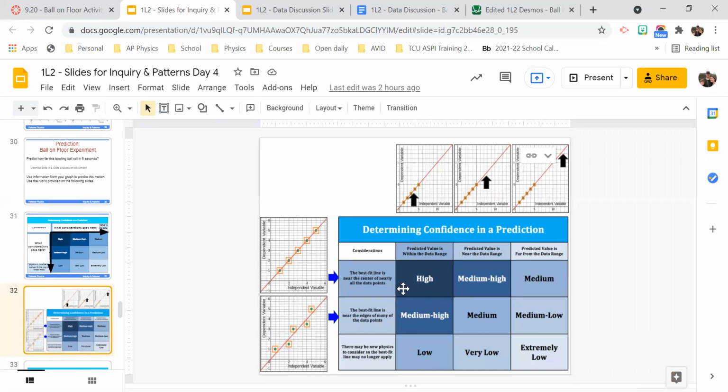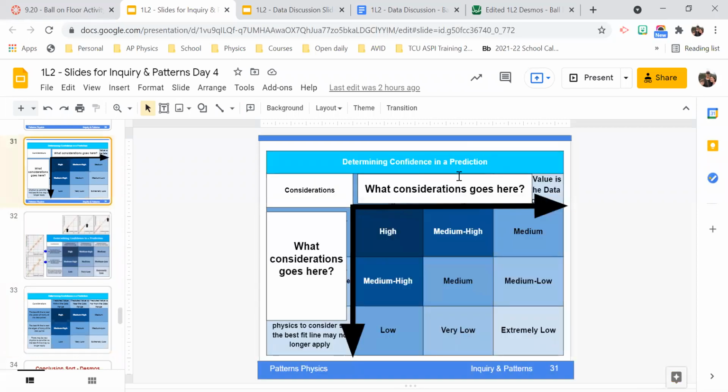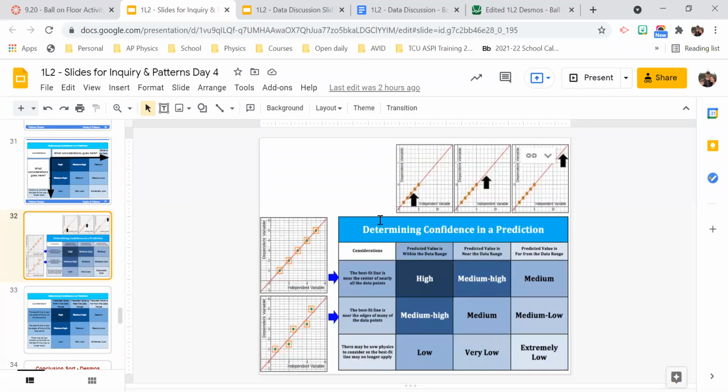We didn't have any of this stuff on the left. The only information we had was these 3 images and the fact that the value was within the data range, near it, or way outside of it. What we are bringing in for the rest of our units is this portion on the left, the second considerations, not just where it is in terms of the data points, but also where it is in terms of the best fit line.